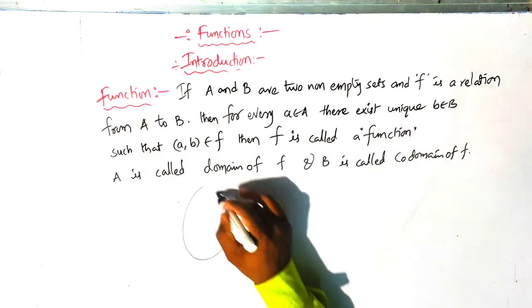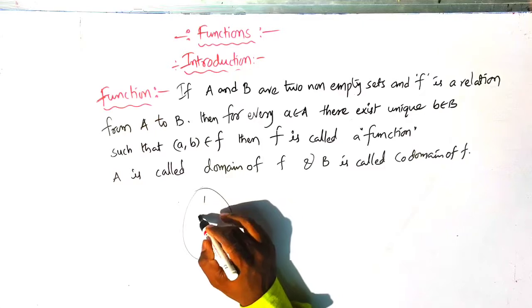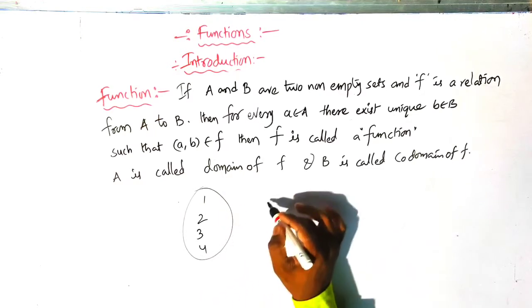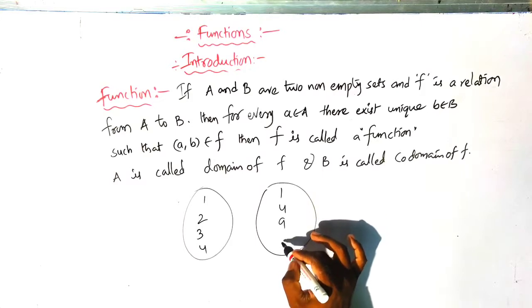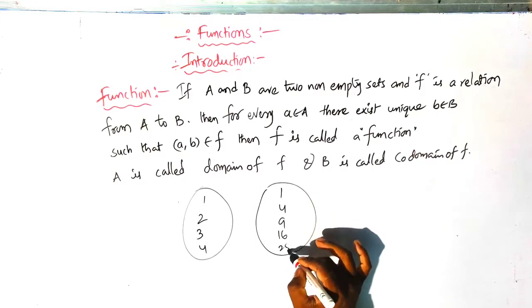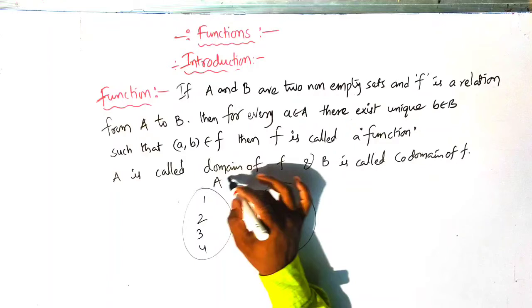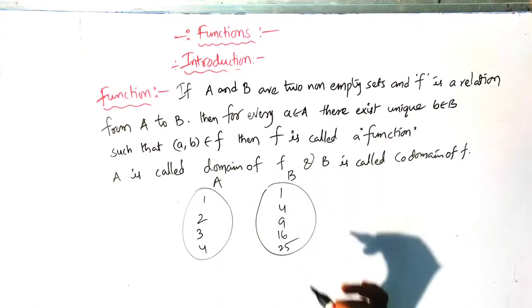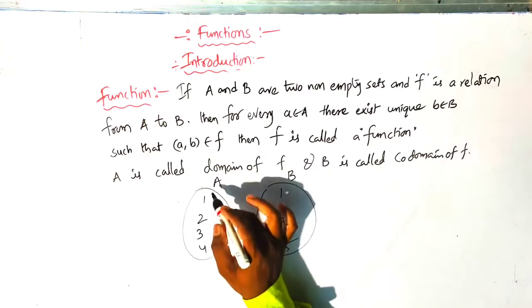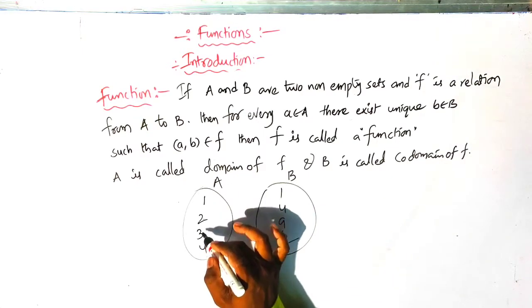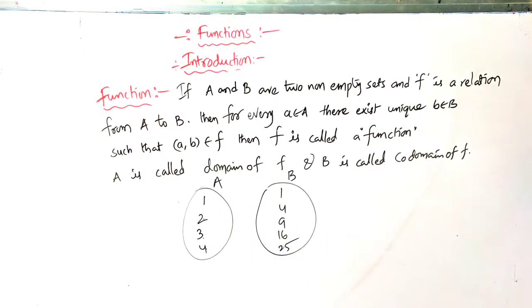For example, I will take here 1, 2, 3, 4 and 1, 4, 9, 16 and 25 also. So here two sets we have taken, A and B. The set A has elements 1, 2, 3, 4. What is a set? A set is nothing but a group of elements.